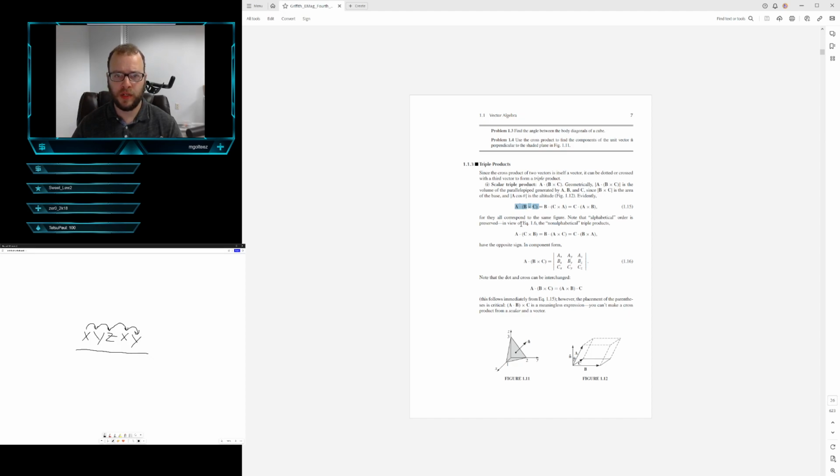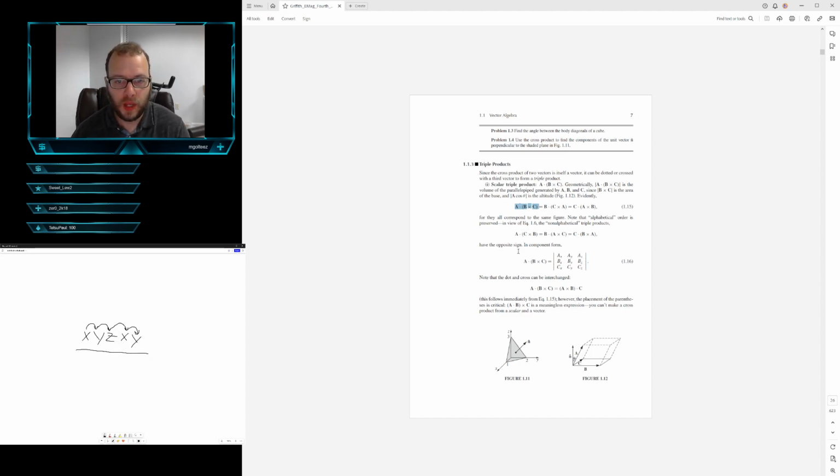Well, the scalar triple product is simply the volume of a parallelepiped that the three vectors create. Because the area is A cross B and C for this definition, and then you get the height of the parallelepiped by doing A cosine theta, which is your dot product.